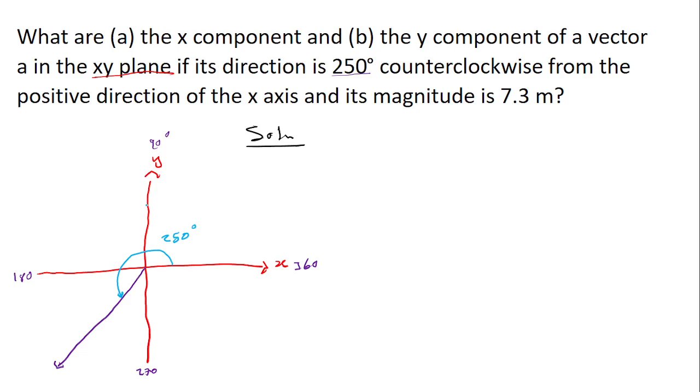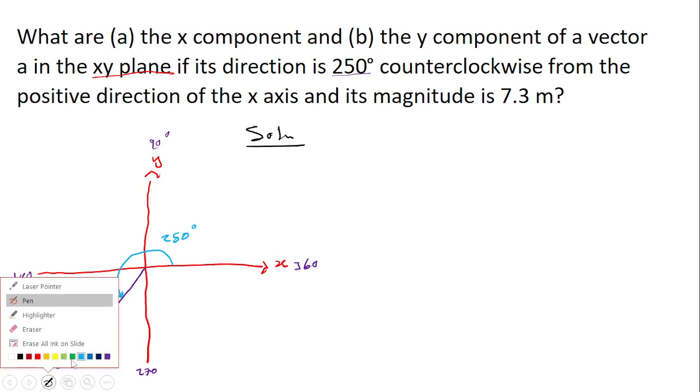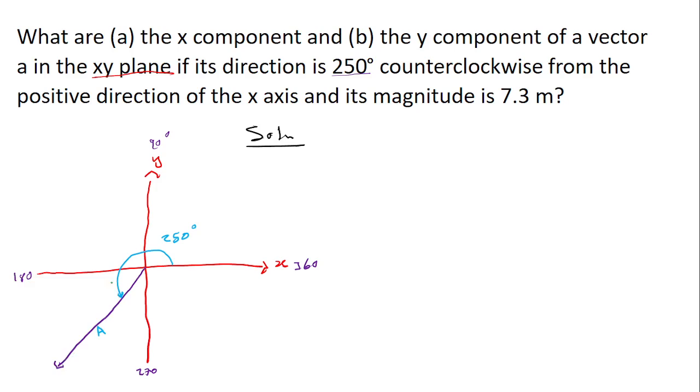Before you even look at what you have been told to solve, you can utilize the information from here. Remember, this is the resultant vector. Let's say this vector is vector A. For us to have this particular vector, it has two important components which we need to understand.